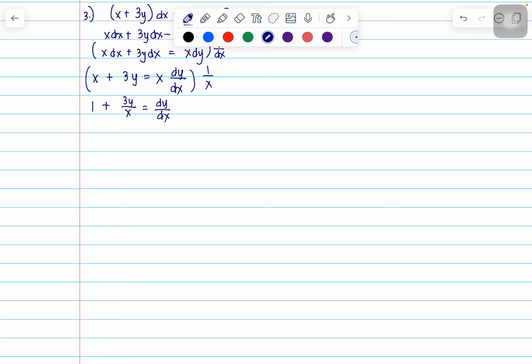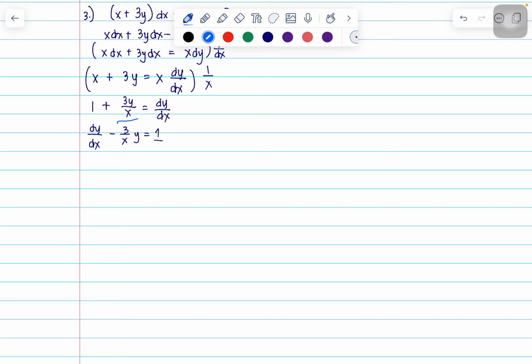So let's try manipulating the equation. So this becomes dy over dx. If we transpose this term, that's basically minus 3 over x y is equal to 1.